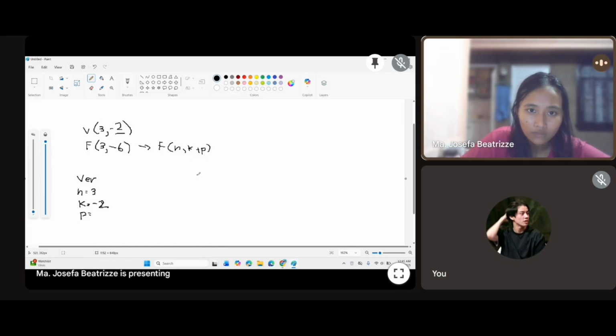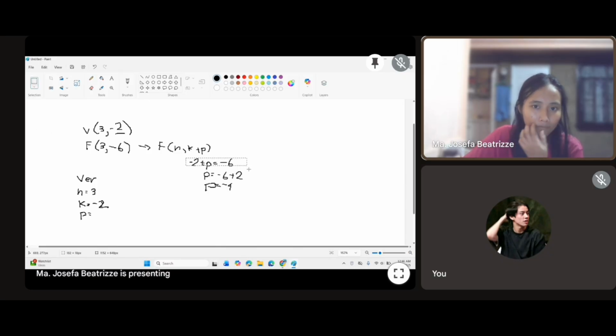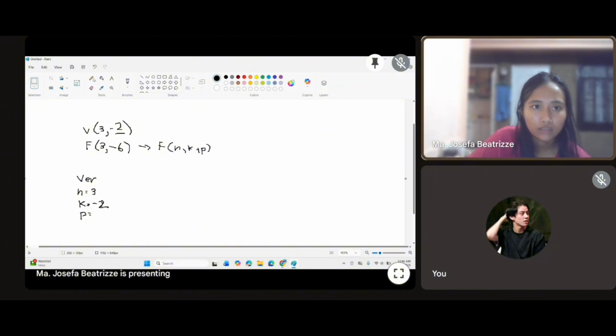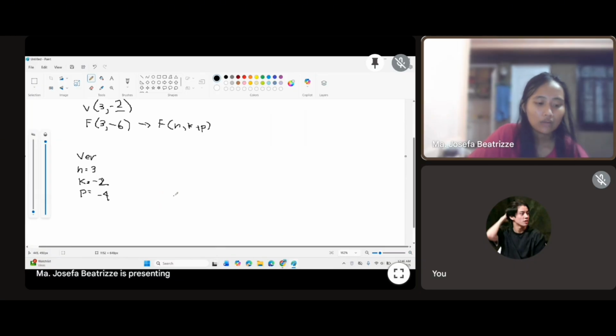So let's try to use this. Then our k is -2 plus p, that will be equals to -6, which is the focus. So let's try to identify what our p is. So let's add our 2 on the other side, then change signs. Our p is -4.